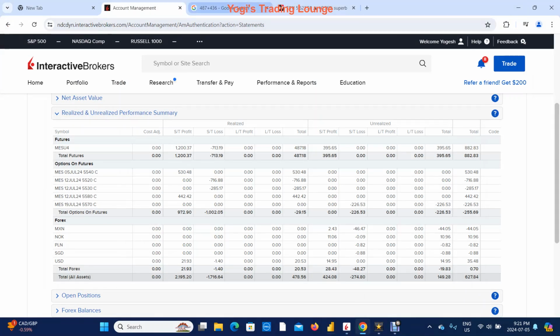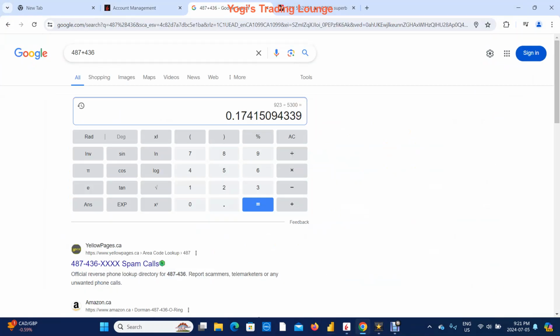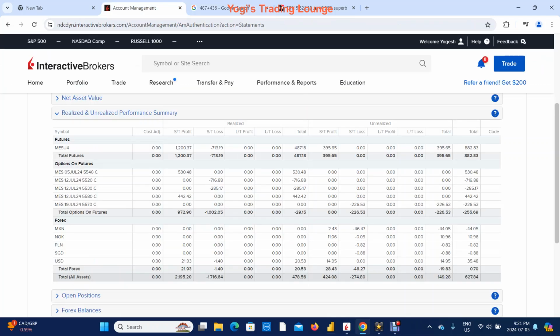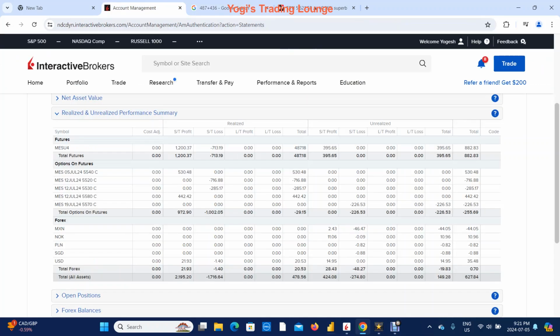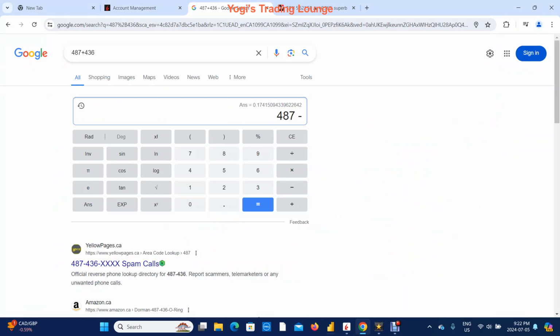I'd like to show you what the total realized profit is. So this is 487 minus 29. I'm just counting futures and options on futures. I'm not considering forex. So 487 minus 29, how much is it? 458.